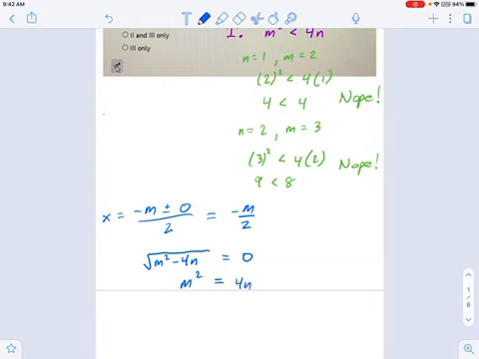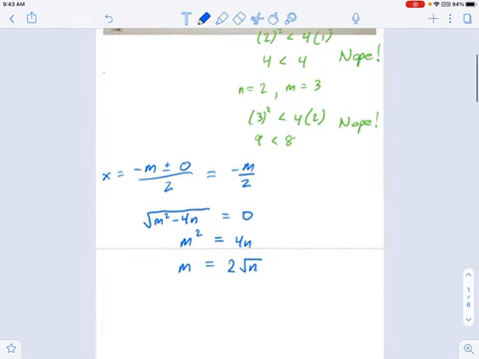Is that possible? Well, can m squared be equal to 4n? Square root each side. Can m be equal to 2 times the square root of n? I'm not sure. Let's just guess something. How about n equals 1? Okay. What if n equals 1? Well, the result would be 2. Can m equal 2? Sure, that works. 2 is greater than 1.